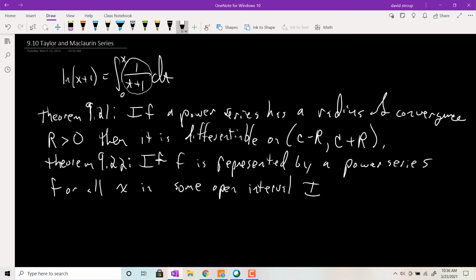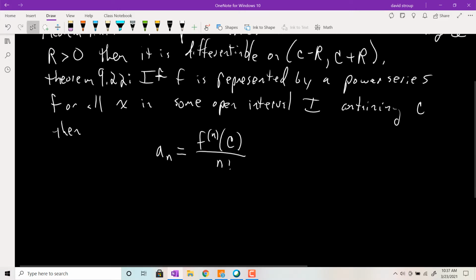So if f is represented by a power series for all x in some open interval I containing our center c, then the coefficients of this power series a sub n will be of the form nth derivative of f evaluated at c divided by n factorial.